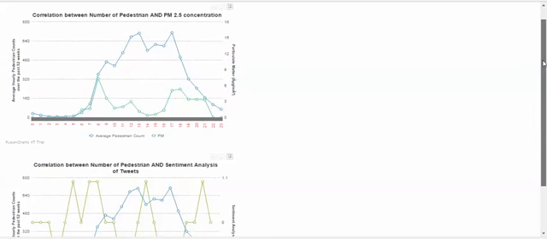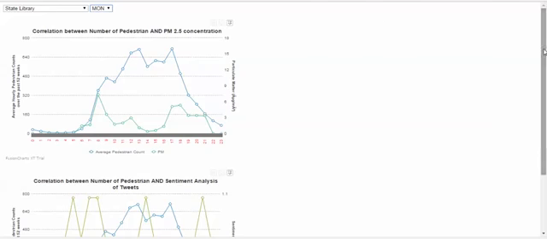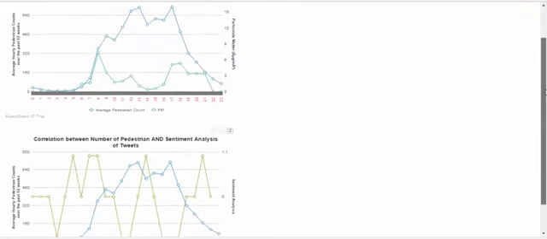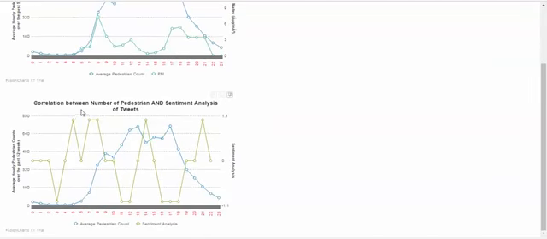But the main thing we wanted to see here is whether an increase in PM25 concentration is affecting the sentiment of people. Are they getting depressed, or are they tweeting more negative tweets? And we actually found a strong correlation. So again we plotted the pedestrian count versus sentiment analysis.